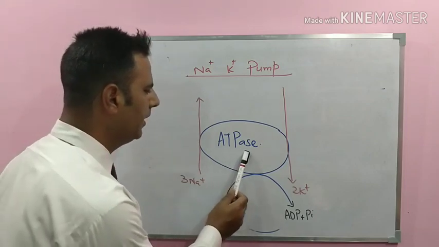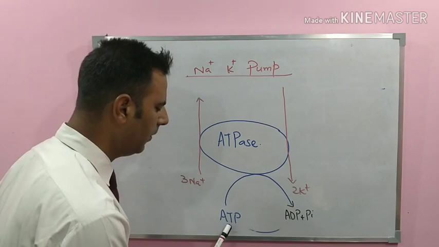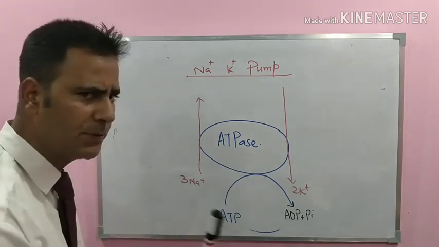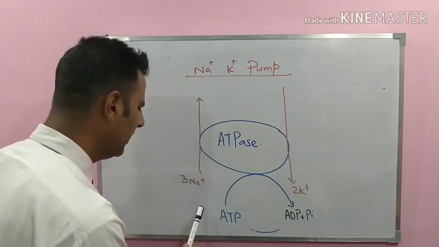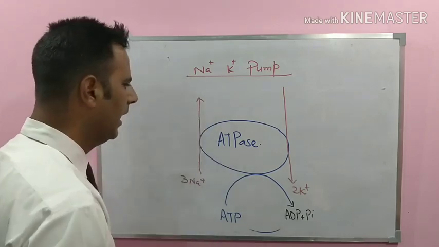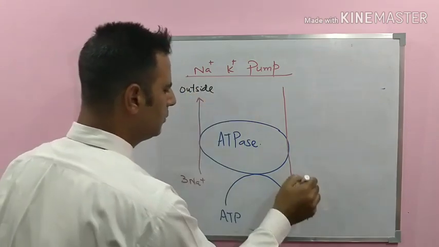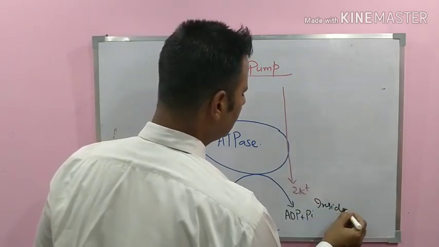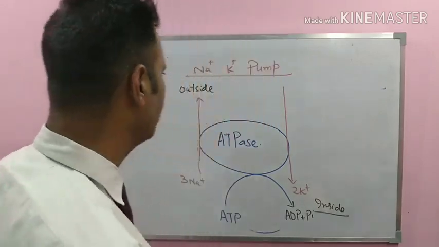The carrier protein ATPase will utilize energy in the form of ATP, and by this energy it will transport 3 sodium positive ions from the inside of the cell to the outside, and at the same time 2 potassium ions from outside to inside. This is known as the sodium potassium pump, which is operational in our cells.